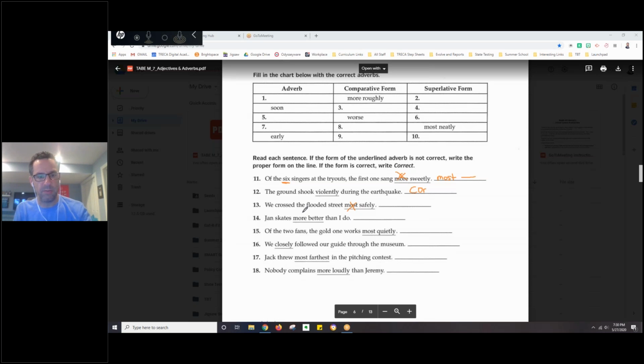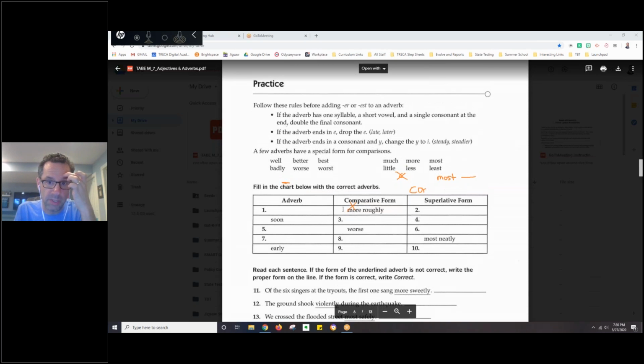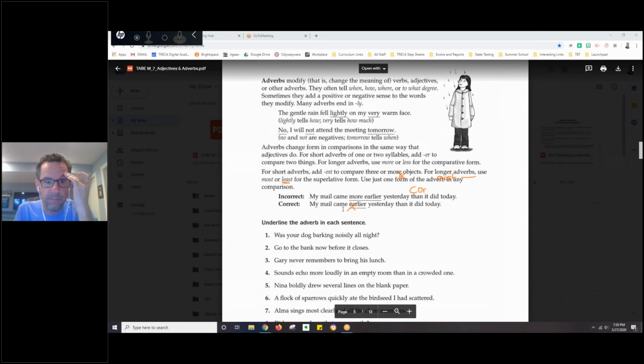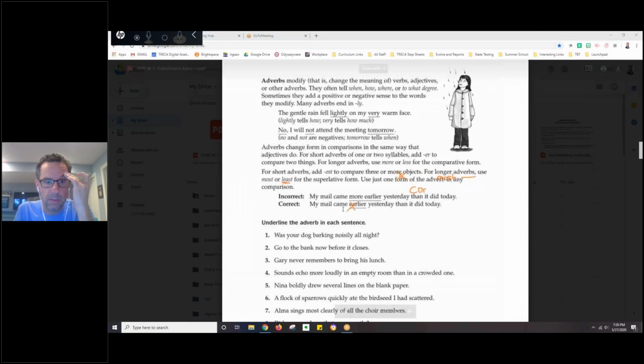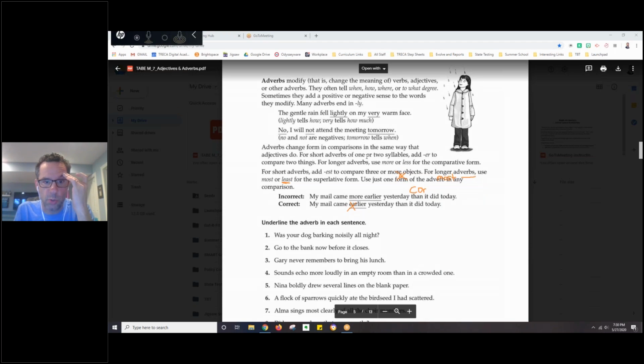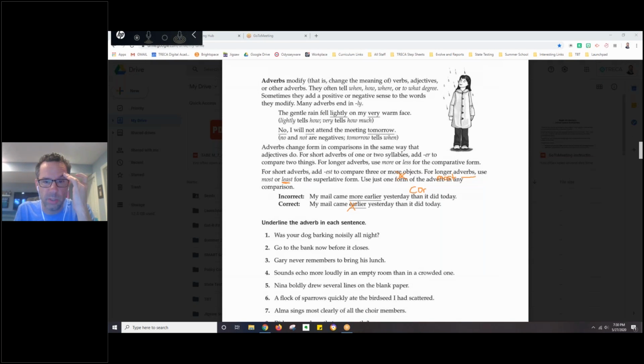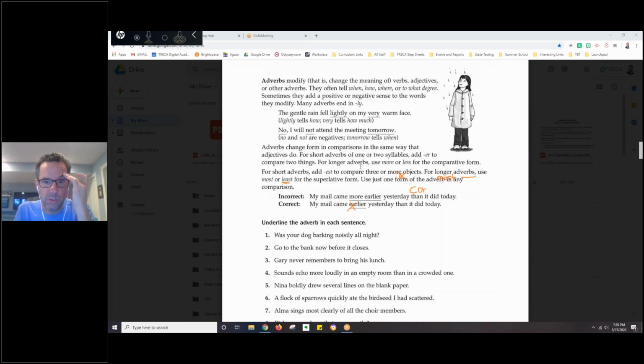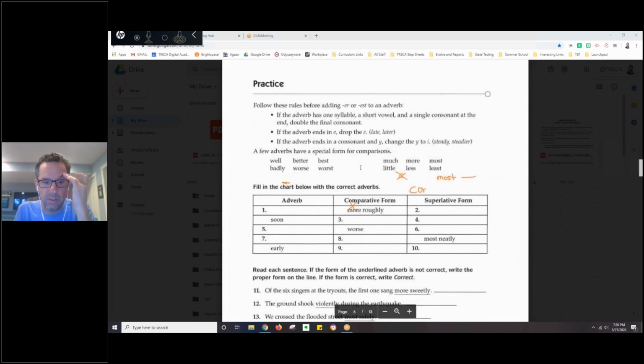I'm wondering if I could find the rule for you with this one. So this just says for short adverbs of one or two syllables, add er to compare two things. So for short adverbs of one or two syllables, add er.